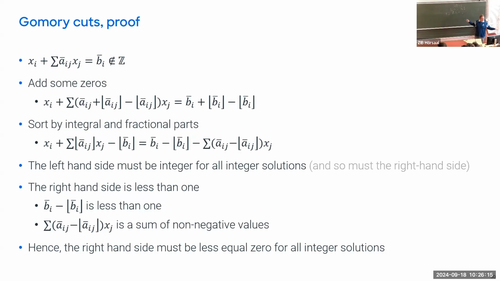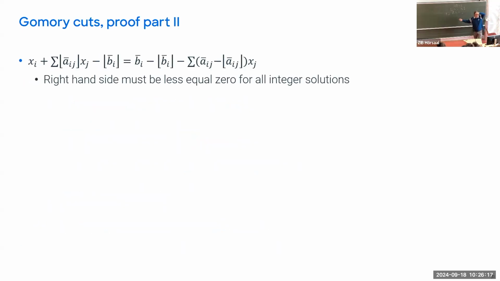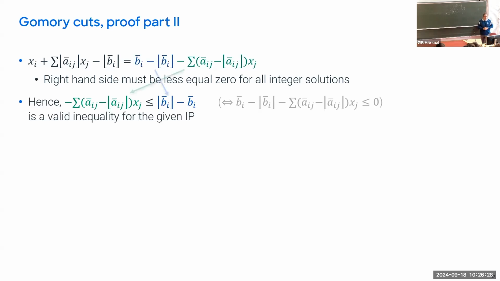Okay, let's just carry this information over. There's literally no change between the last line of the previous slide and this line here. Okay, so the right-hand side must be less equal 0 for all integer solutions. Good. That I can express as an inequality. Right-hand side less equal 0. I just reshuffled this a bit again.